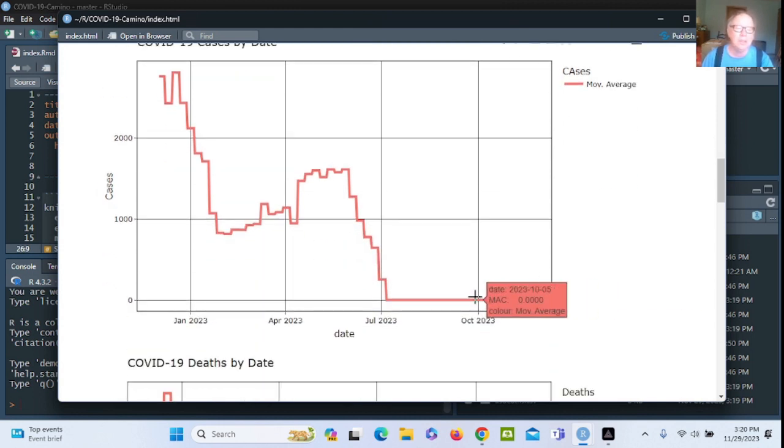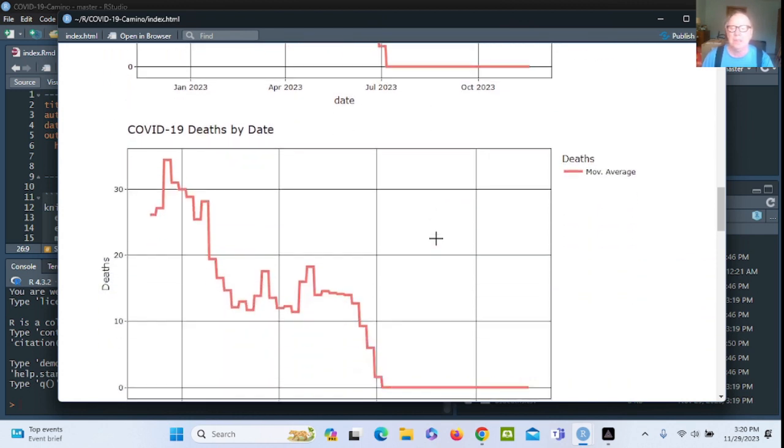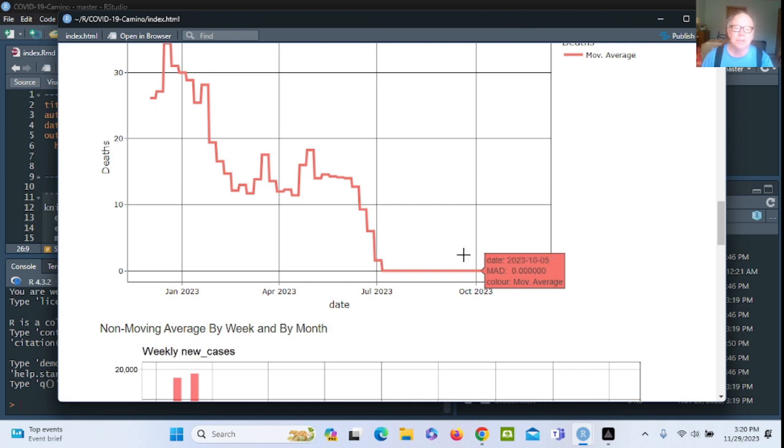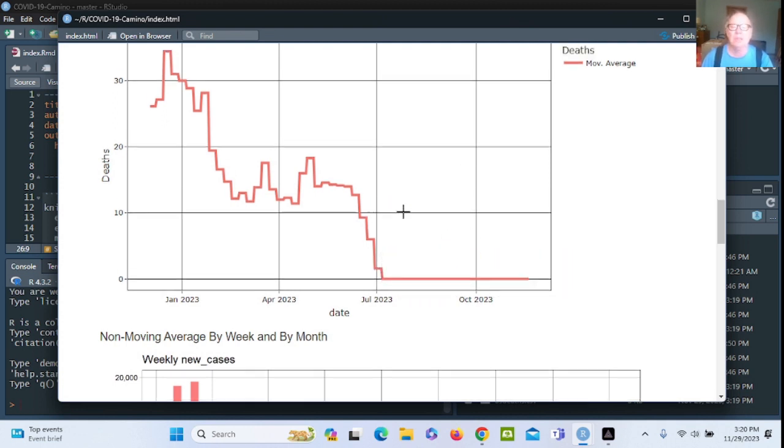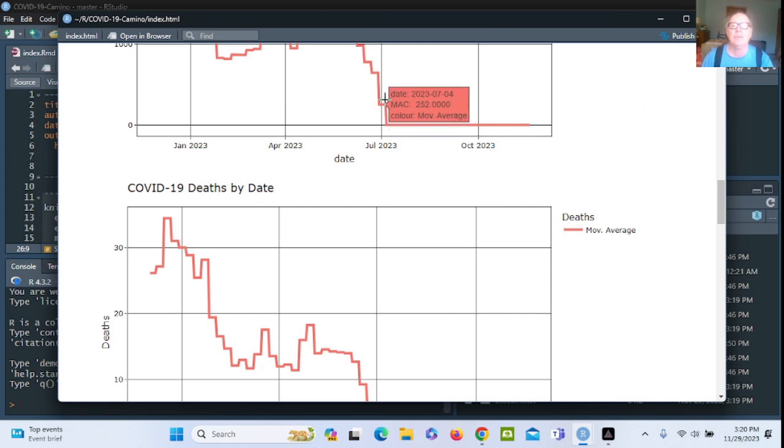And you can see, does this mean there are no cases, or does this mean they're not recording it? Remember, this is a moving average. This looks suspicious to me. They go from 252 deaths down to 0 deaths.